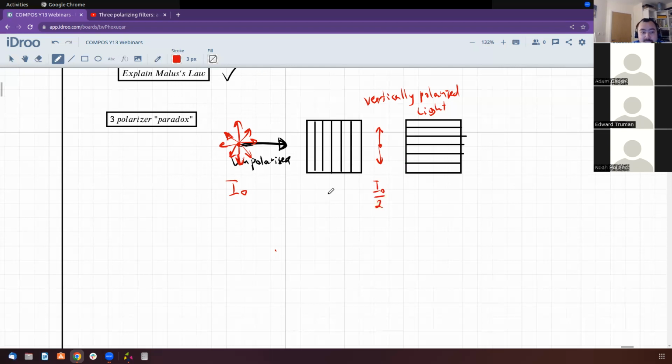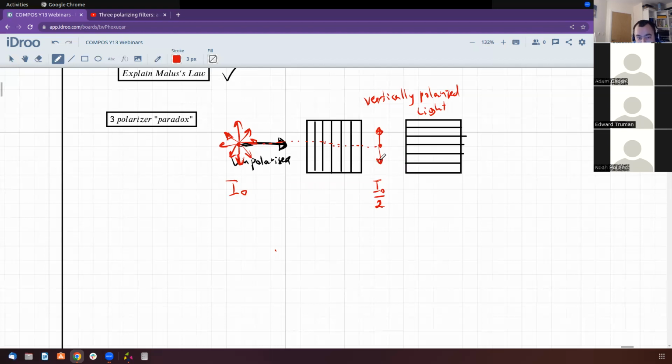Does that make sense? Please tell me. You only allow vertically polarized light, so it's I0 over 2.